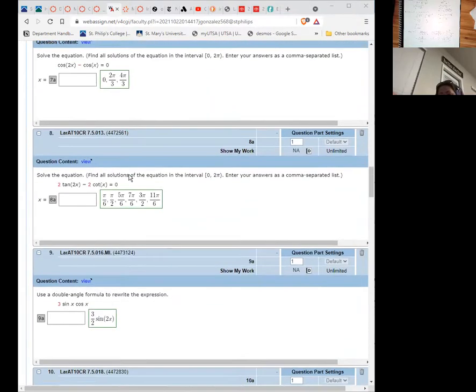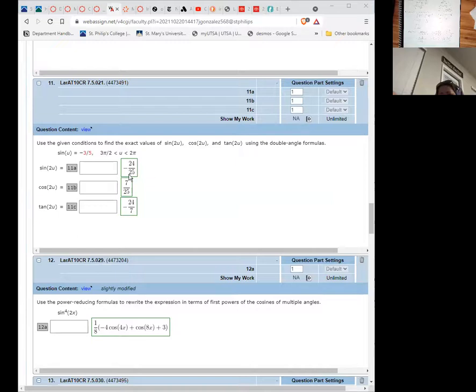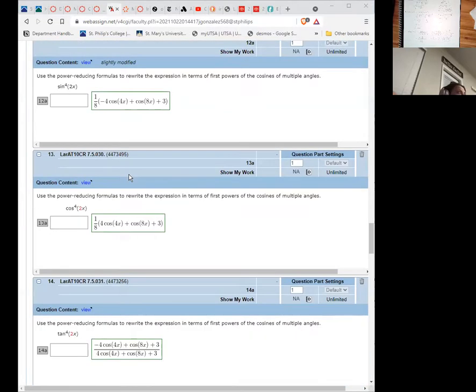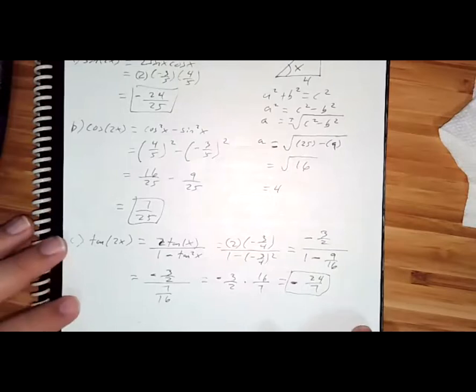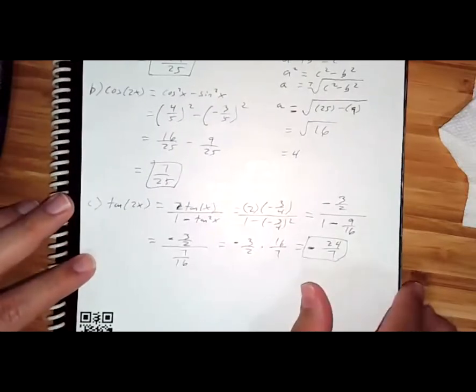Let's see, what's a good one here? I don't know, this one looks weird. Let's do that one. 13. You guys cool on example 3? Okay.